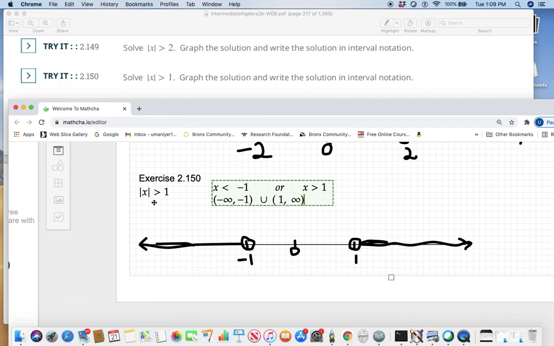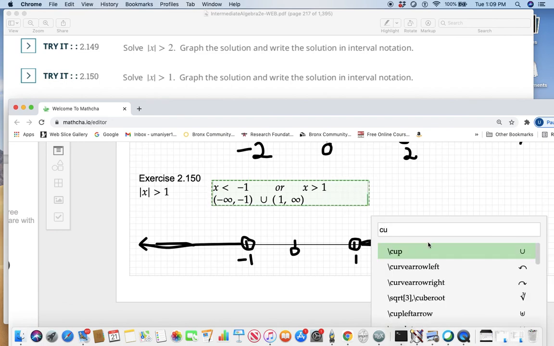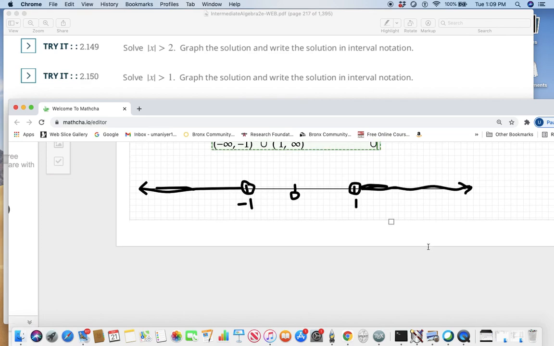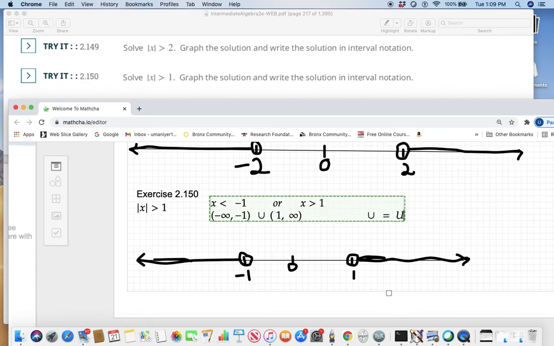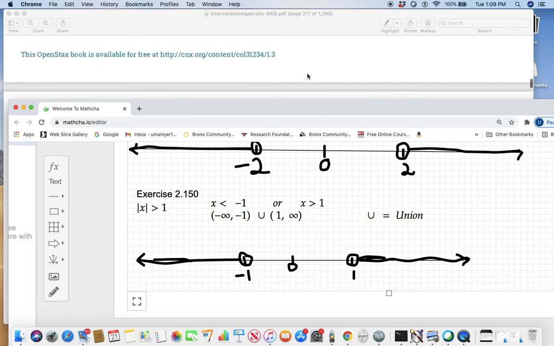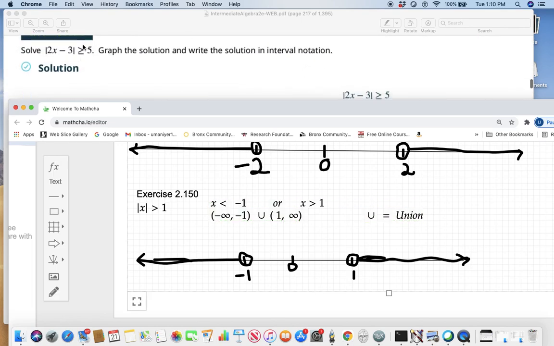Open because they are not included, so they are open points. This U stands for union. All right. Let's continue in our next video solving inequalities with greater than or equal to.